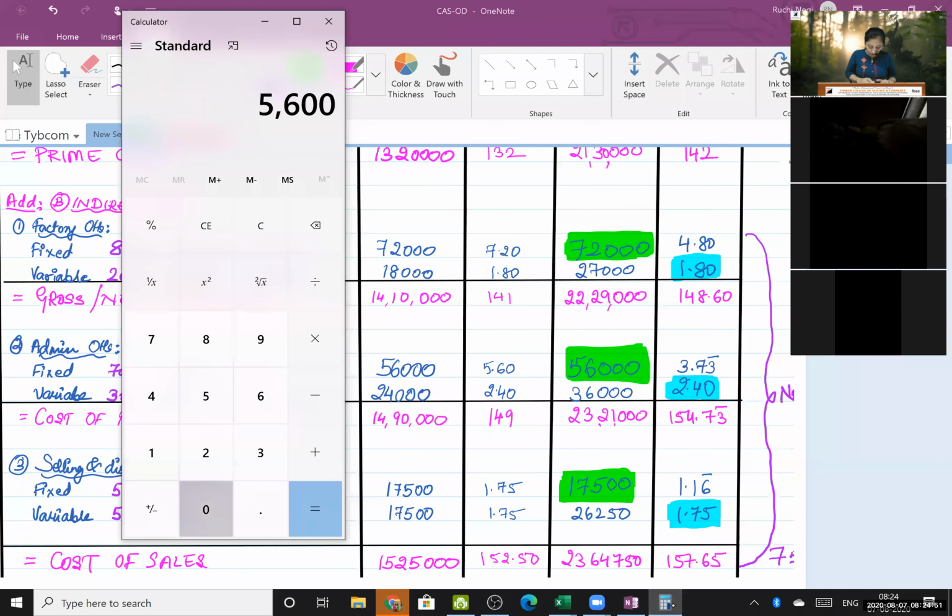So 56,000 divided by 15,000 units produced, 3.7333, it is recurring. And 2.4 multiplied with 15,000 units, 36,000.